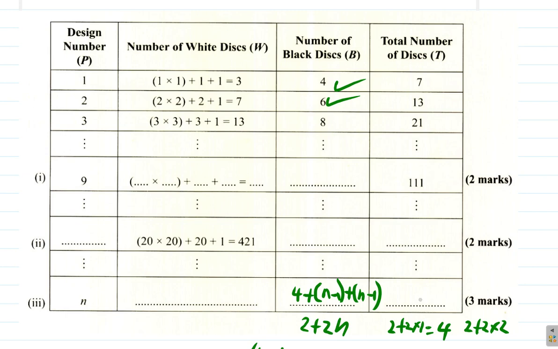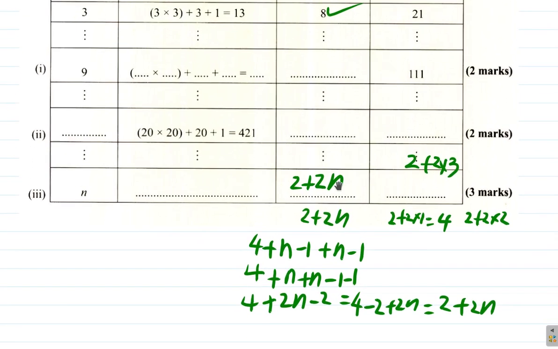Design 3 would be 2 plus 2 by 3. 2 3 6 and 2 8. Alright. So I feel confident that I can write 2 plus 2n in here. Let's keep that there.